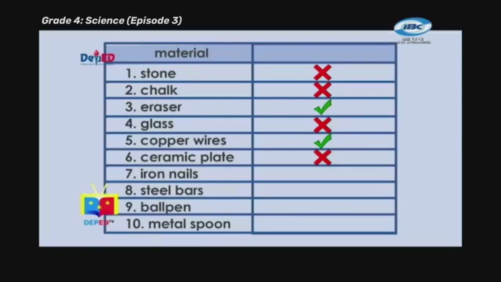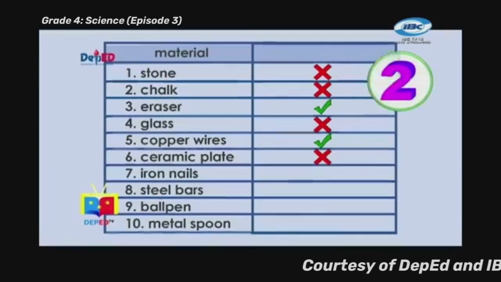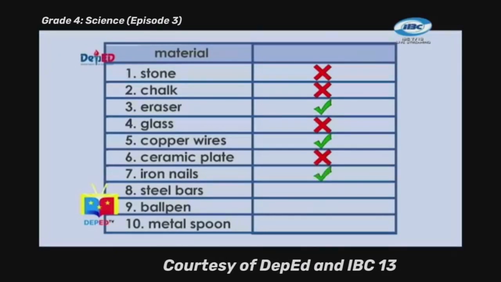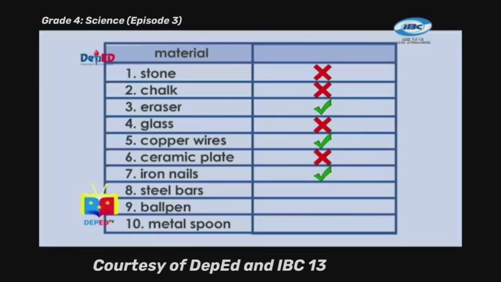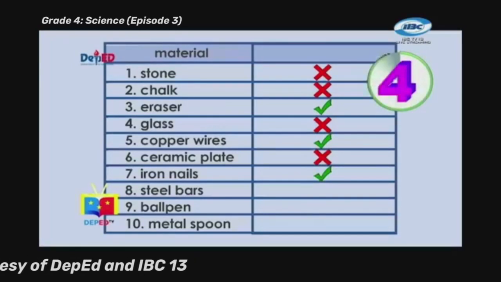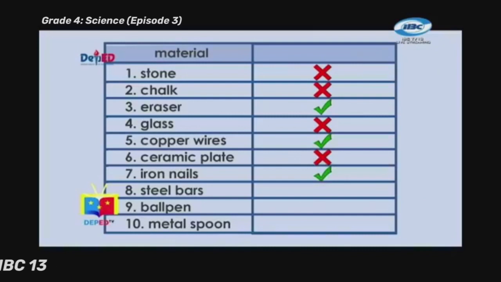Our seventh material are iron nails. Iron nails can be bent. Our eighth material are steel bars. Steel bars can be bent.